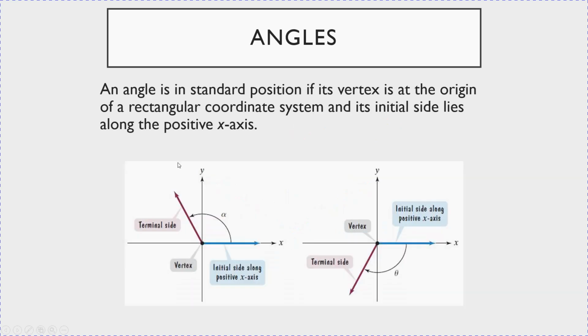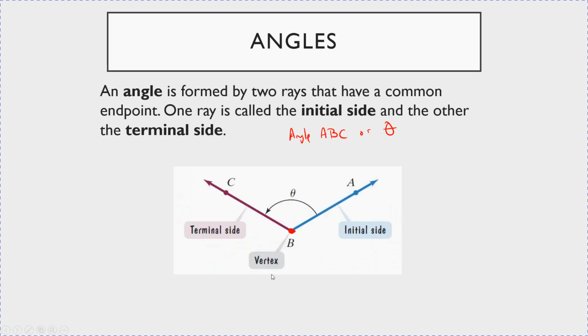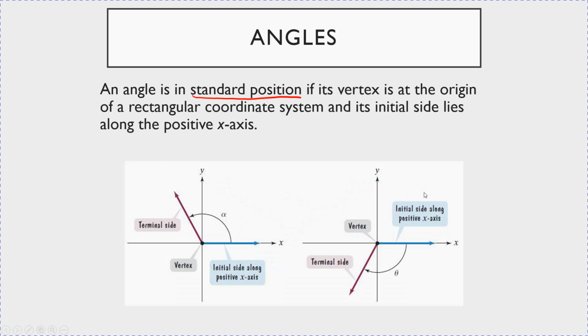An angle is said to be in standard position if its vertex, the endpoint where the two rays are joined, is at the origin of a rectangular coordinate system. We're going to do a lot of this. I'm going to spend a lot of time talking about angles in standard position.